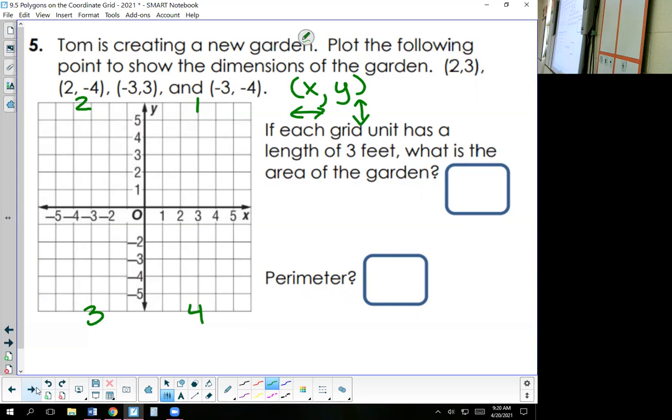Okay, God is creating a garden, so probably a garden is a rectangle. The dimensions are shown. If each grid has a length of 3 feet, what is the area of the garden? Area of this room is how many tiles are on the floor. Perimeter is how much trim do I need to go around the room, the red stuff.